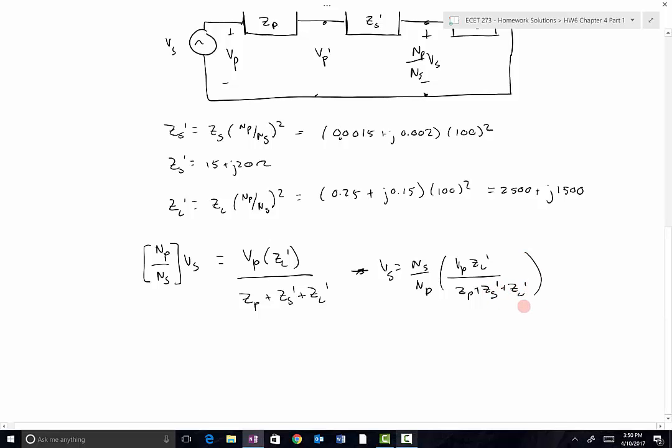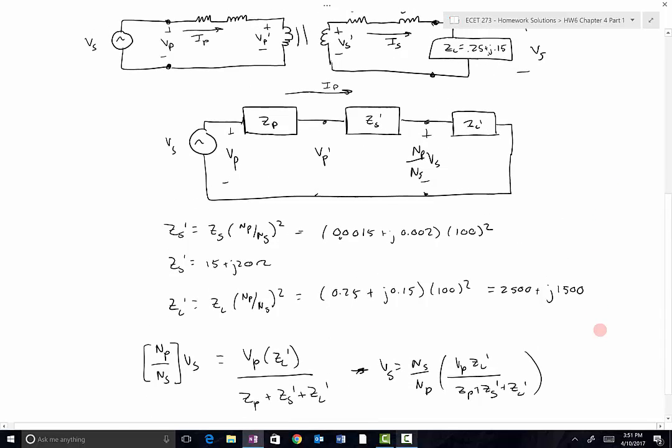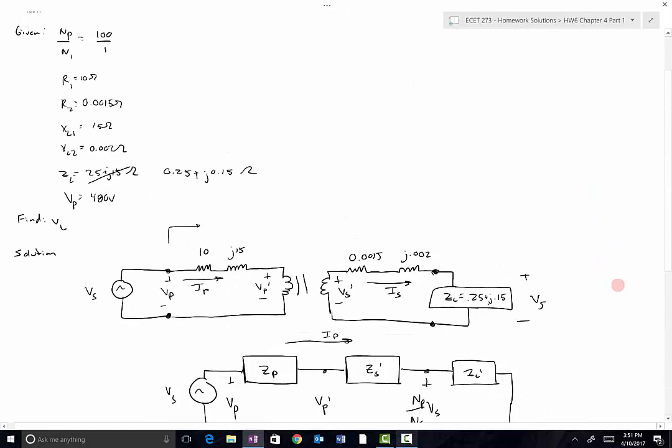So I can say VS is equal to the inverse turns ratio. Turns ratio was 100 to 1, so inverse turns ratio is 1 over 100. Then the primary input voltage was 480 volts at an angle of 0 degrees. Calculated ZL prime right here, 2500 plus J 1500. Now I need to divide that by ZP, which I've forgotten, to be honest with you. Let's see, 10 plus J 15.